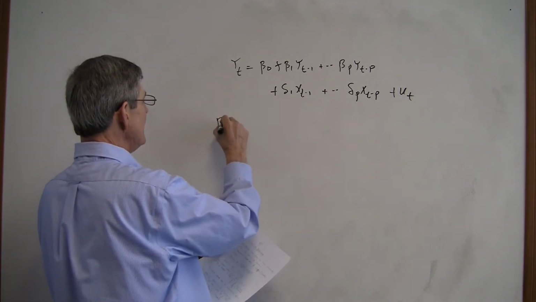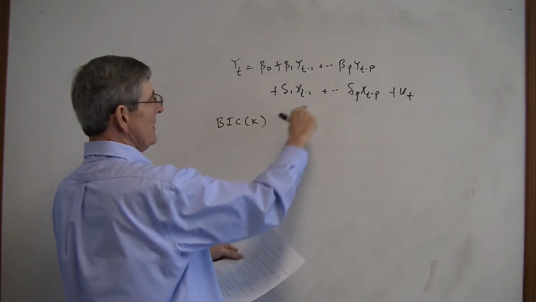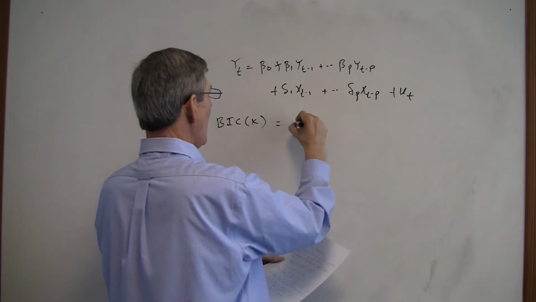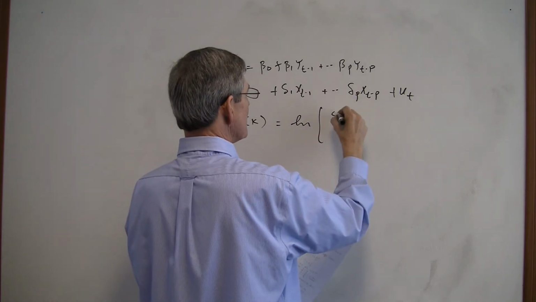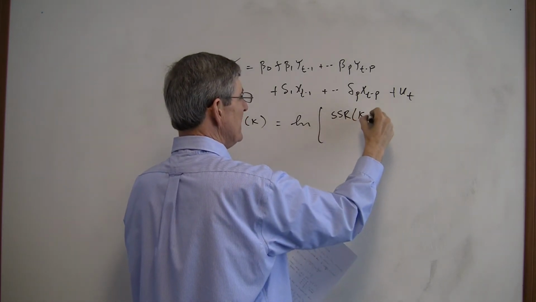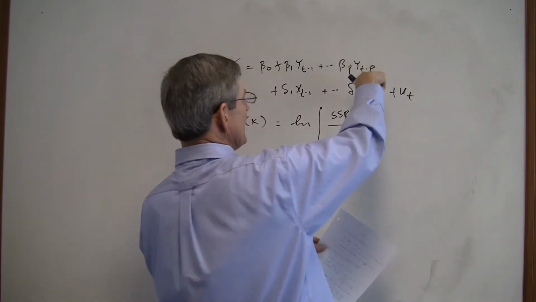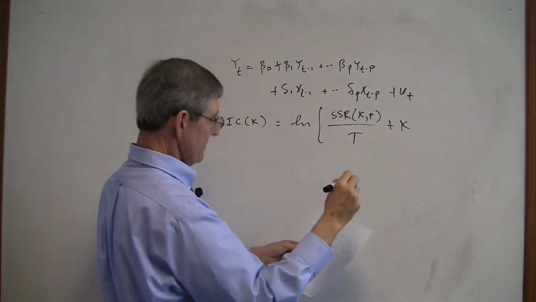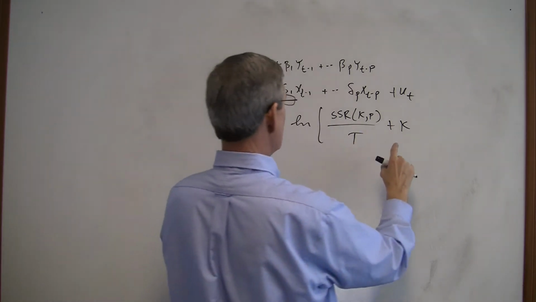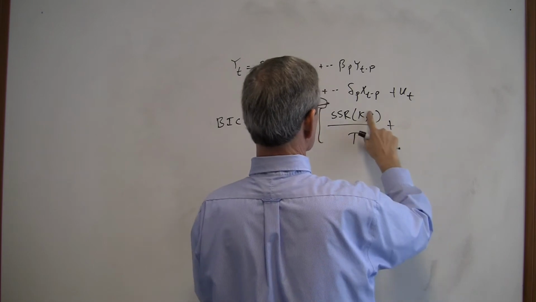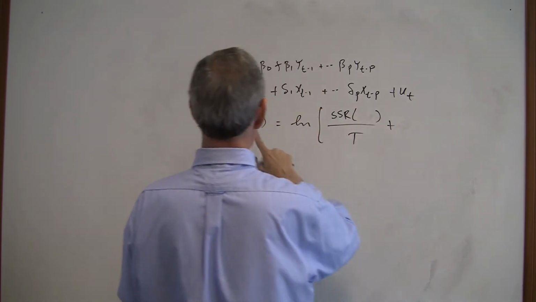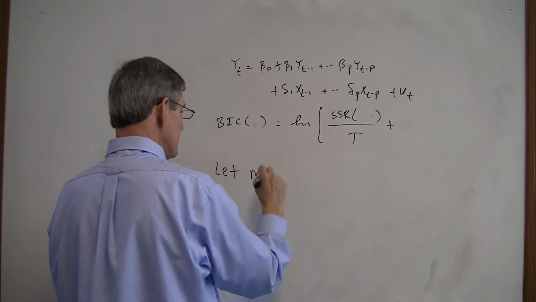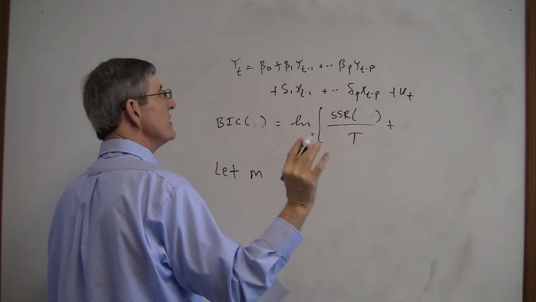You would take the BIC with k, in this case, k is 1. Would just be the log of the sum of squared residuals of k and p lags over t, if I make them the same, plus k times, let m, I'm going to use different notation in the book because I don't like the k, because that usually means something else.